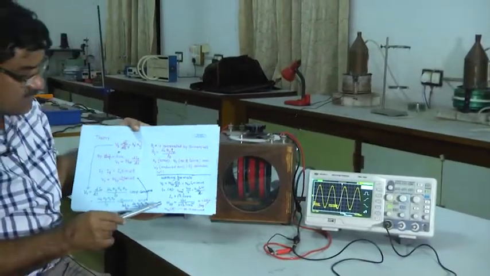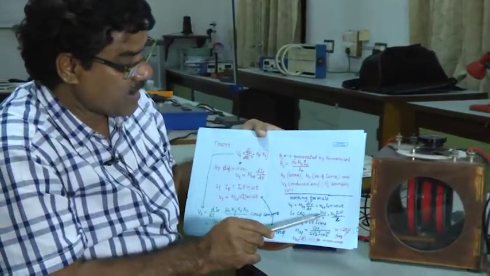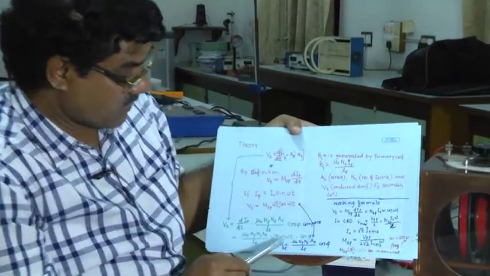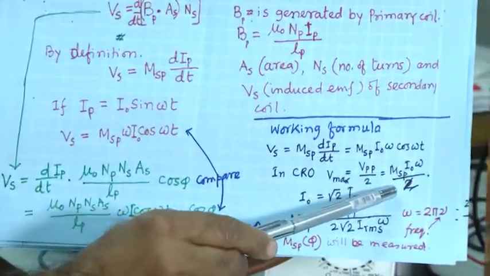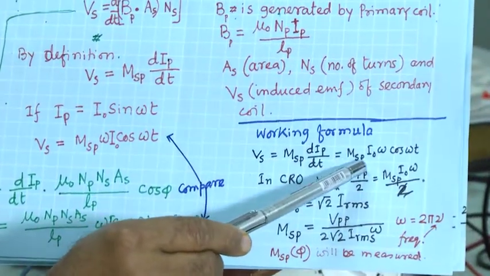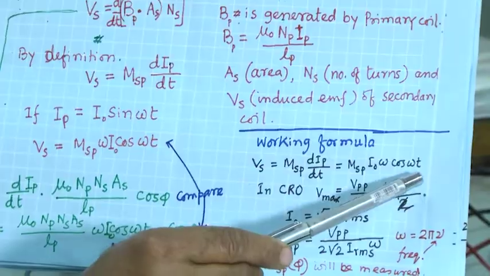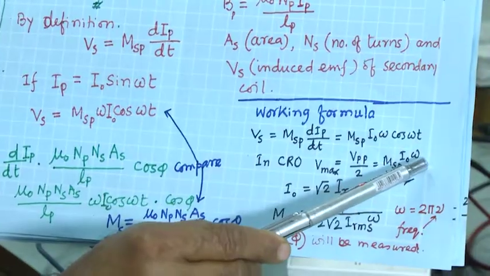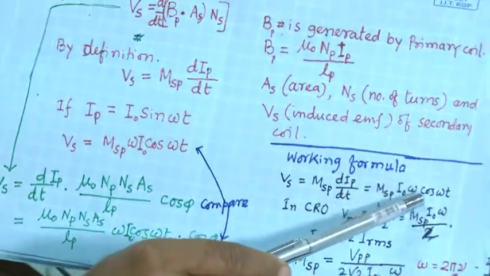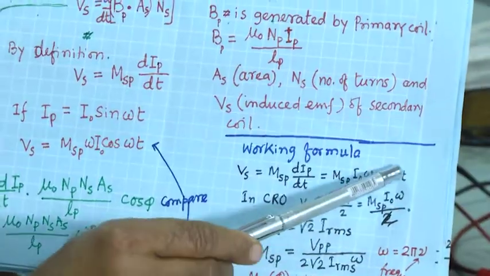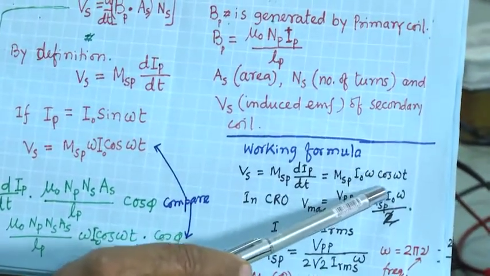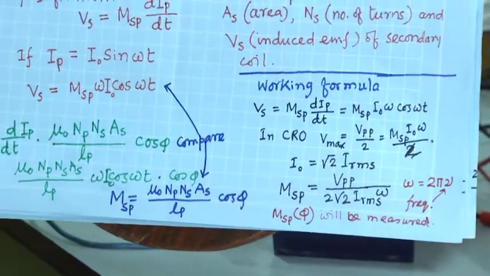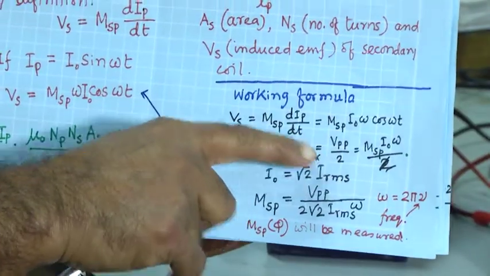The peak to peak values are 1 and minus 1, so the difference is 2. That is why we divide by 2 to get V max.